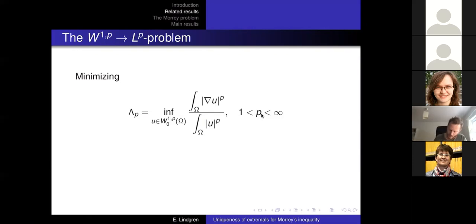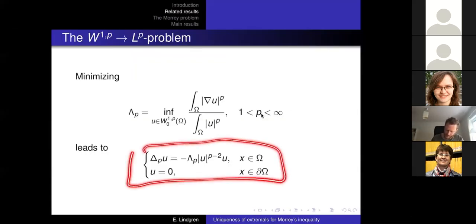So we're looking to minimize this quotient, and in this case, it's pretty straightforward to compute the Euler-Lagrange equation for extremals. You take the first variation of this quotient and you simply compute. Both the numerator and the denominator are differentiable, so you can compute the first variation, and it simply becomes this equation here.